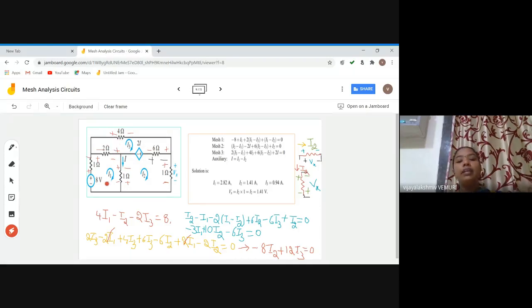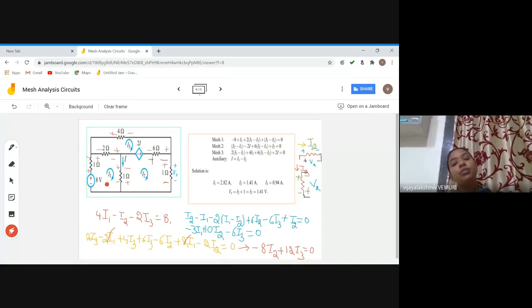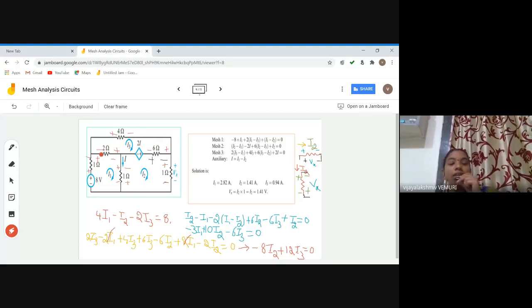Whenever you are writing the equation for any mesh, that mesh current is assumed to be the highest current. Positive is always taken as highest. And since I1 is coming in the reverse direction through the 2 ohms here, I3 minus I1 is taken like this. Okay, so this is how we have written the KVL equations.